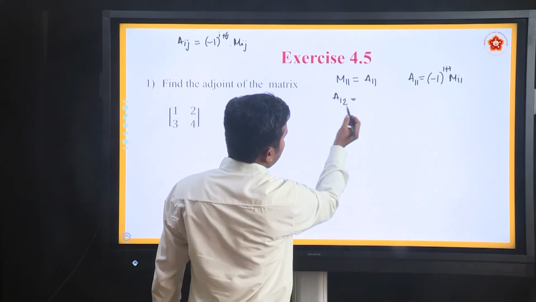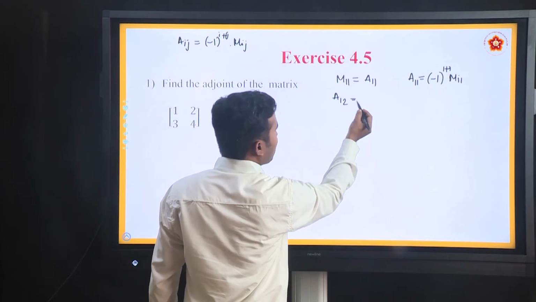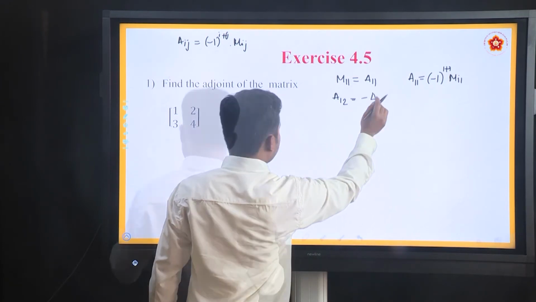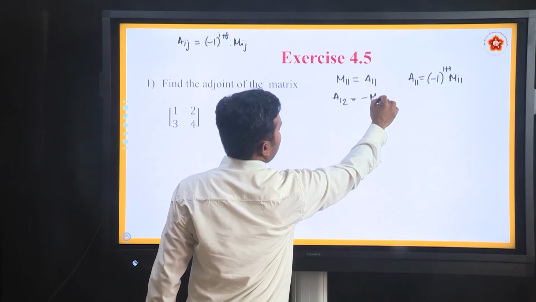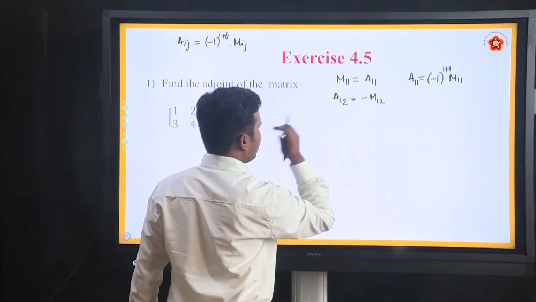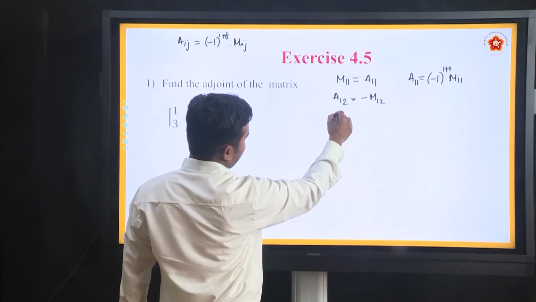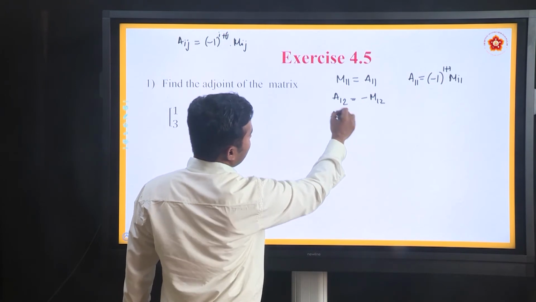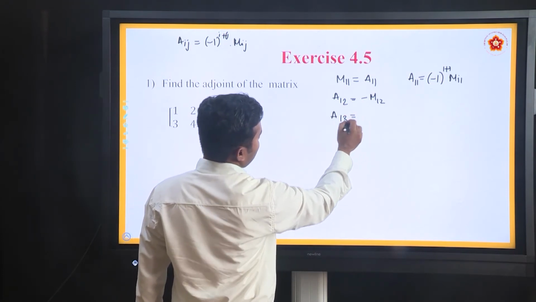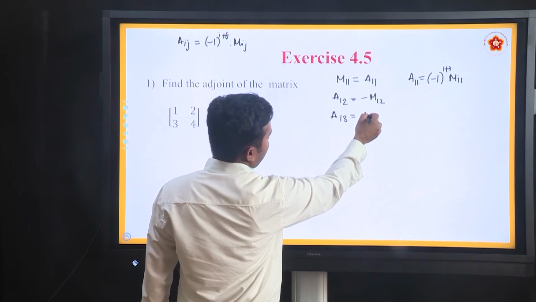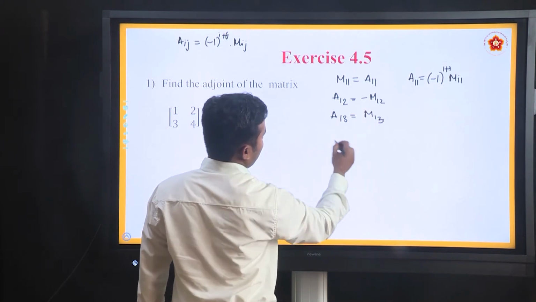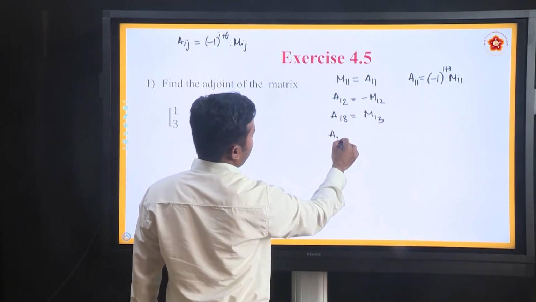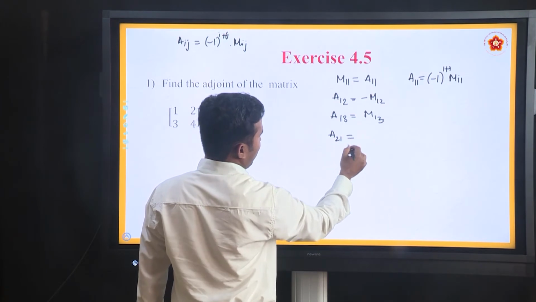What is A12? 1 plus 2, odd number. I can write minus M12, okay. We already taught this. Once again we can recollect it. A13 is what? 1 plus 3, 4. It will be positive. Okay. Similarly, A21, 2 plus 1, 3.